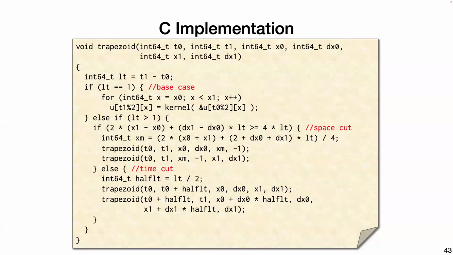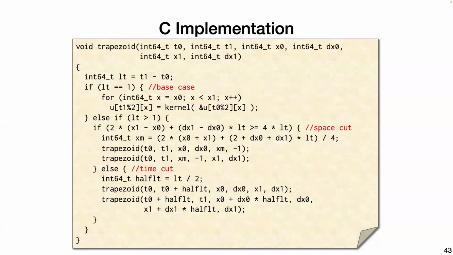The most important part is the recursive decomposition. If the height is greater than 1, then we have two cases: one is a diagonal cut, one is a horizontal cut. This is saying if 2 times the width plus dx1, these are the slopes, times the height is greater than 4 times the height, then you pick the midpoint of the trapezoid and cut the trapezoid.